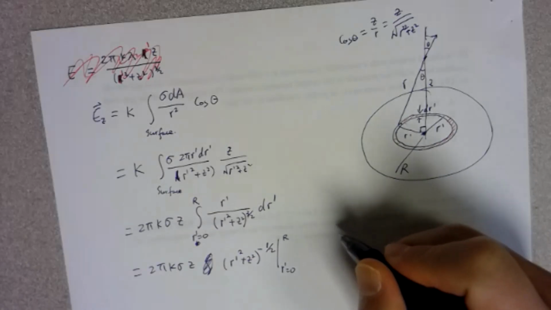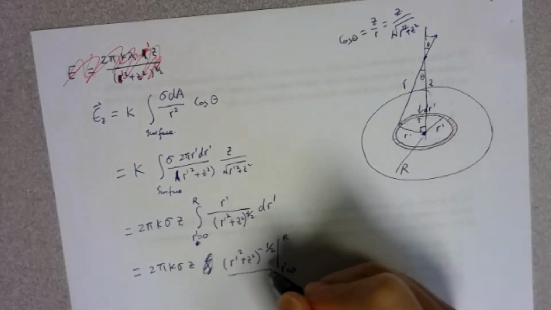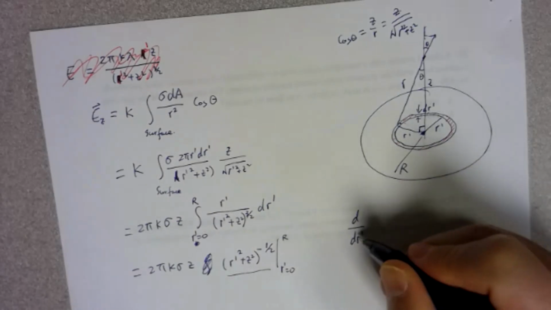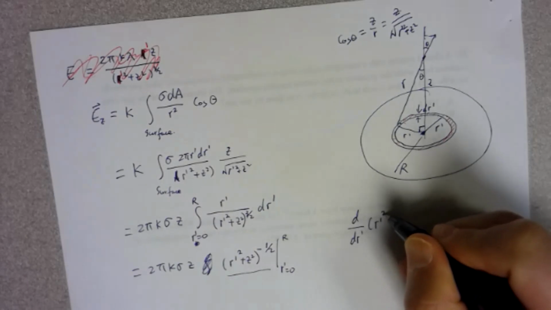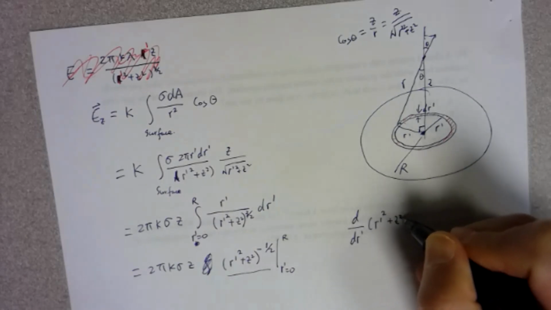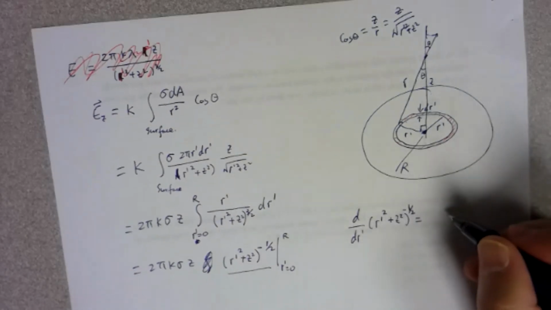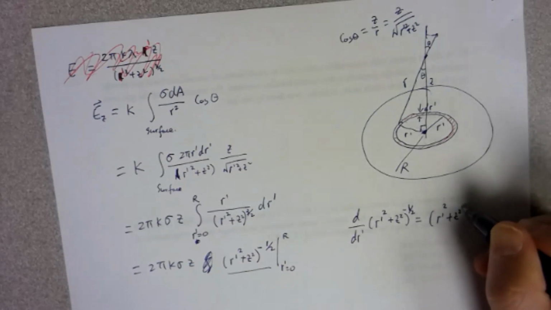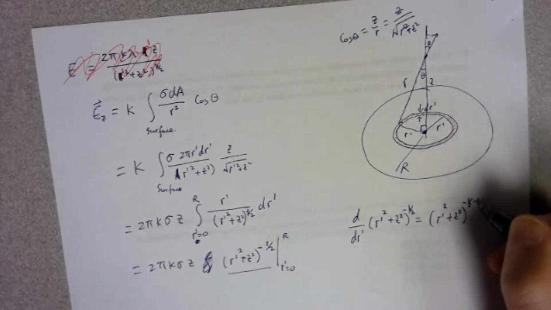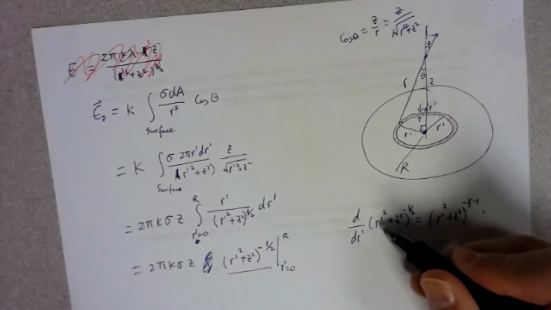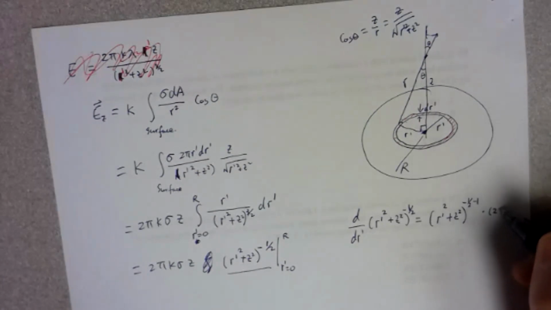So we can do it the reverse way: take the derivative of this guy with respect to r prime. The derivative of r prime squared plus z squared to the minus 1/2 will bring down the power minus 1/2 with the exponent minus 1, and according to the chain rule, because this is r prime squared, that gives you 2 r prime.